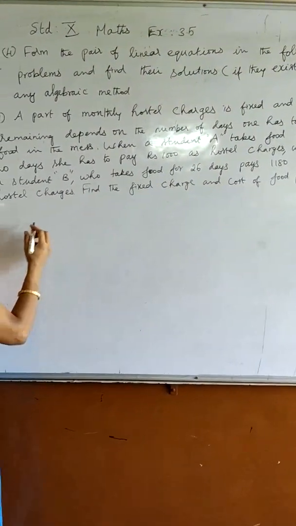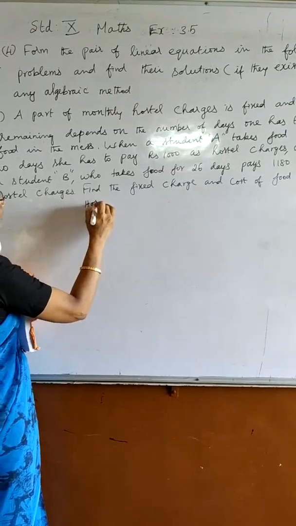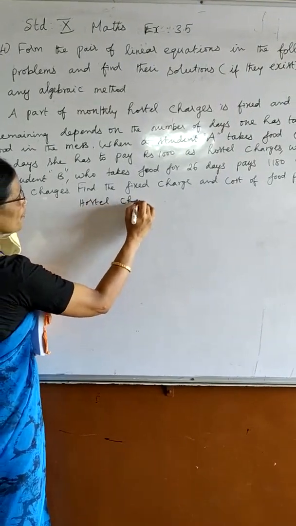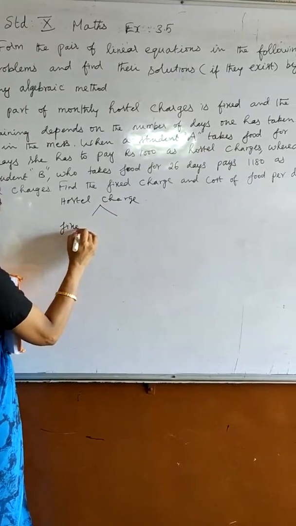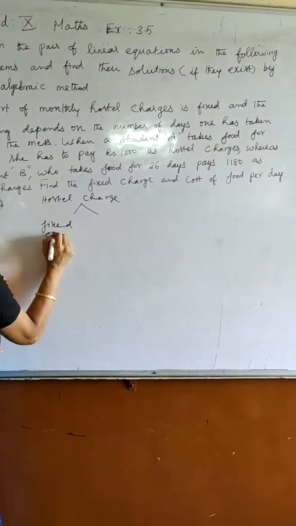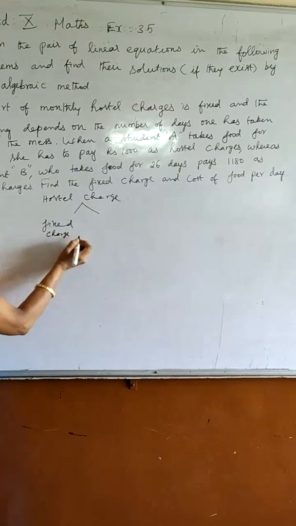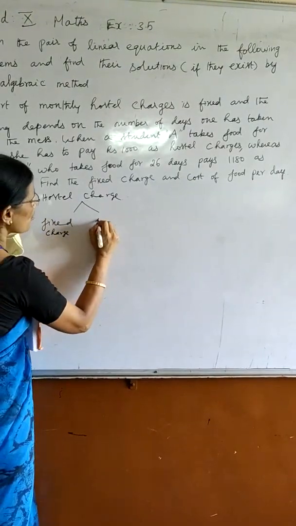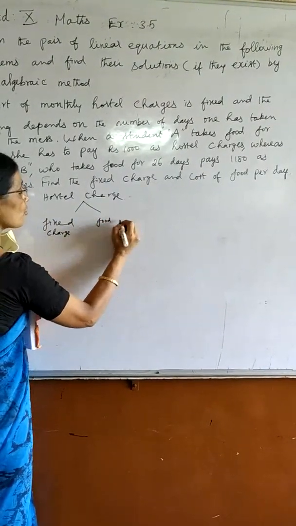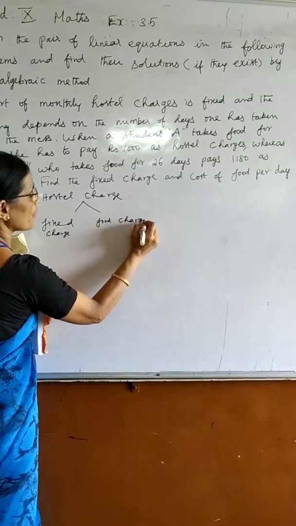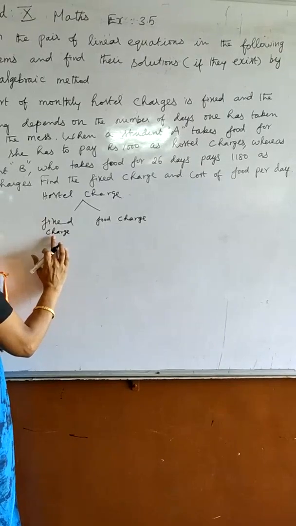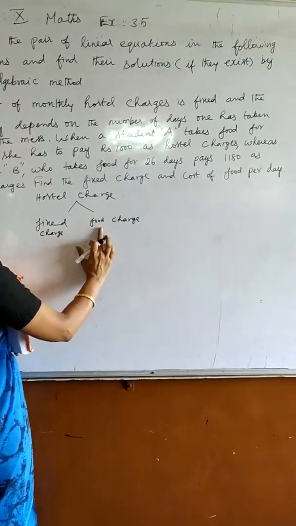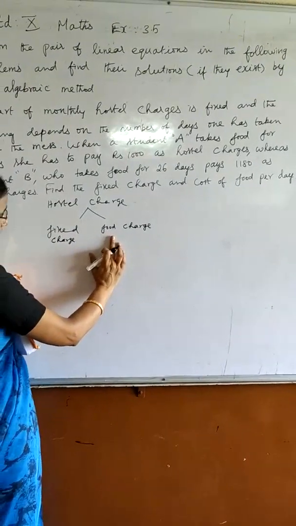That is asked. So here we should remember this hostel charge is divided into two sections. What is the first part? First part is fixed charge and the second charge is food charge. This is common for all those in the hostel, whereas this food charge varies from person to person.